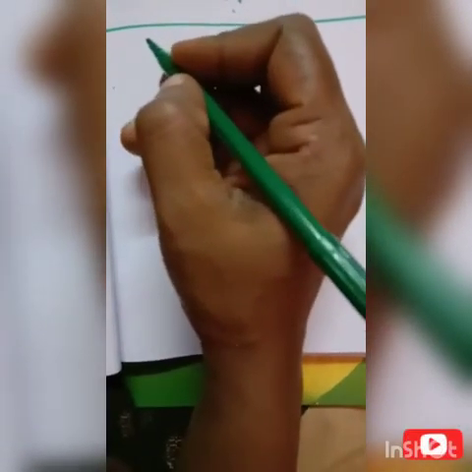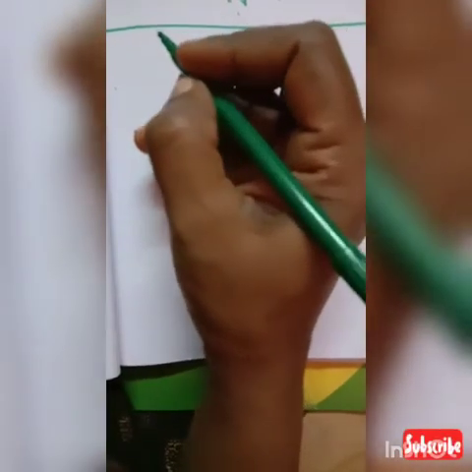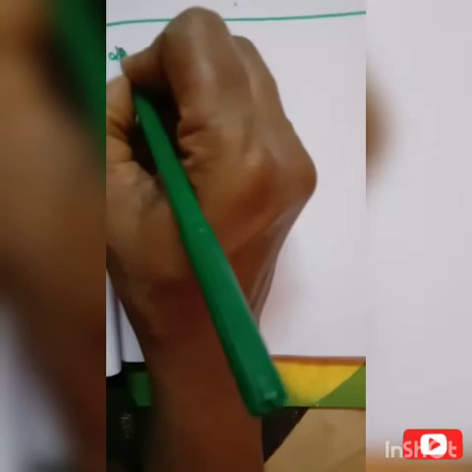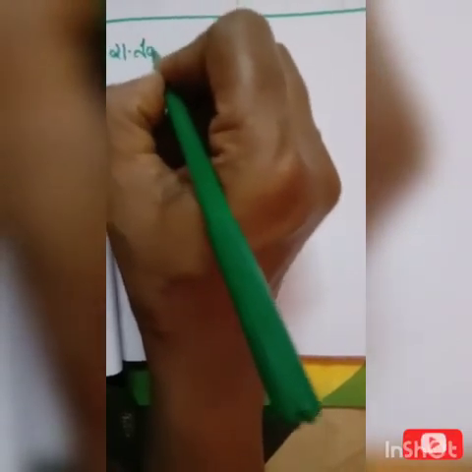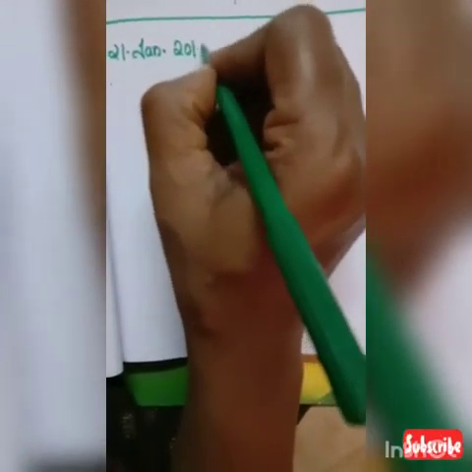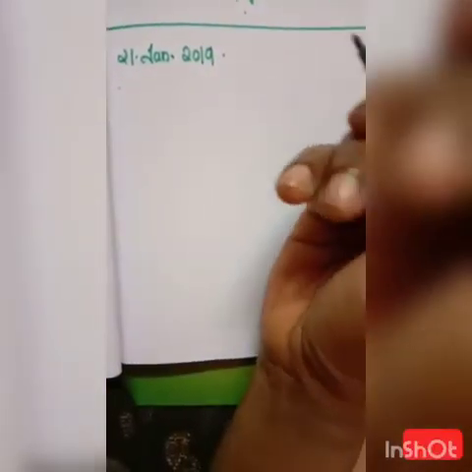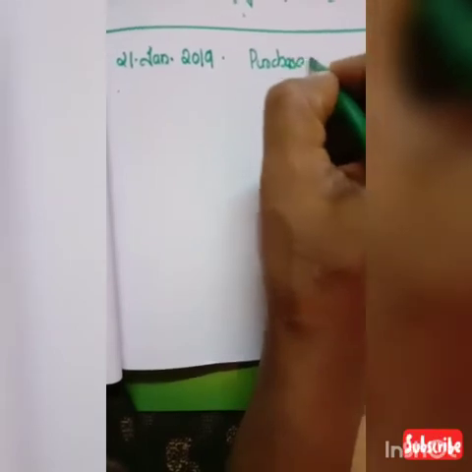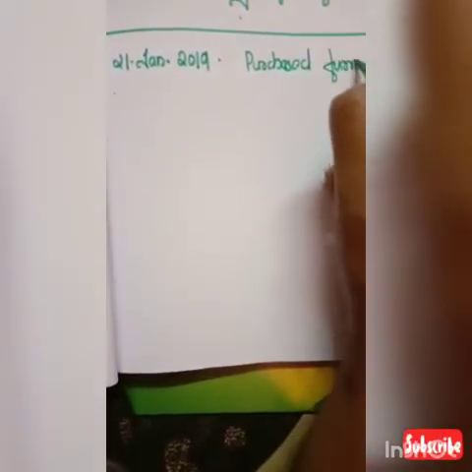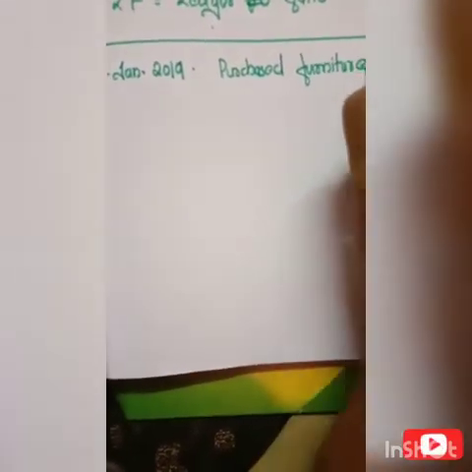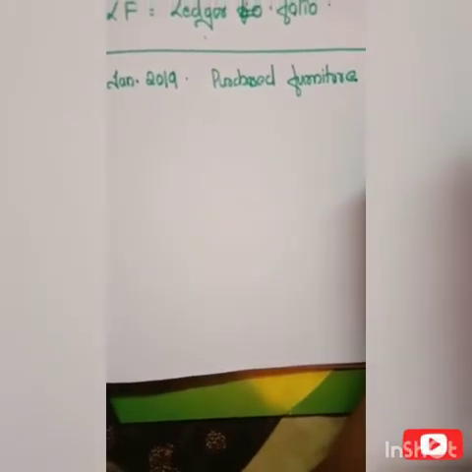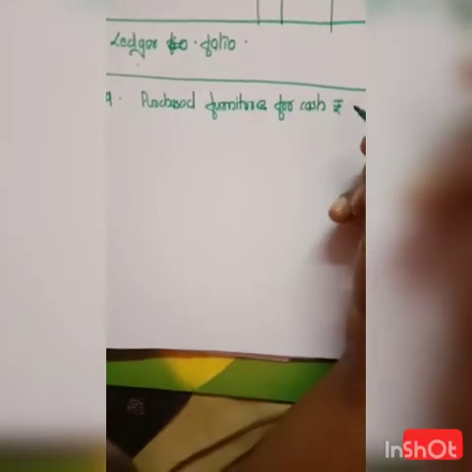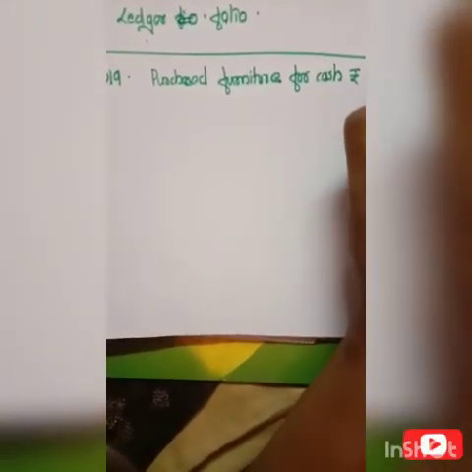Then we can draw the journal from the following transaction. The first transaction: 21st January 2019. The transaction: purchased furniture for cash, rupees 3,000.